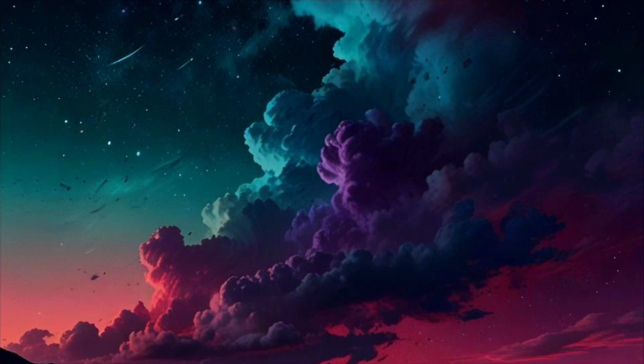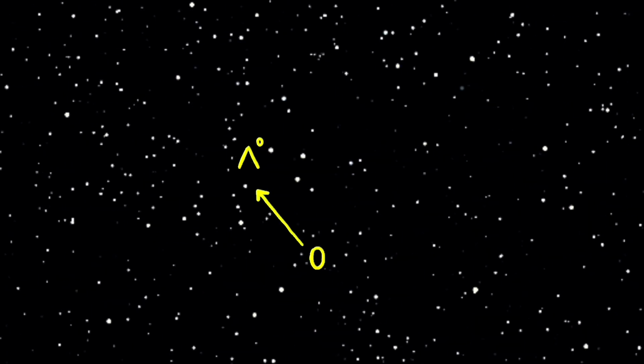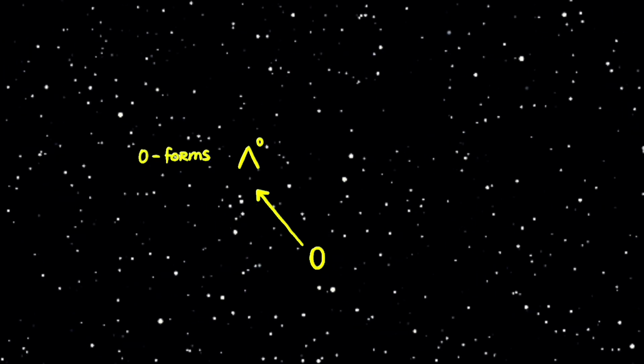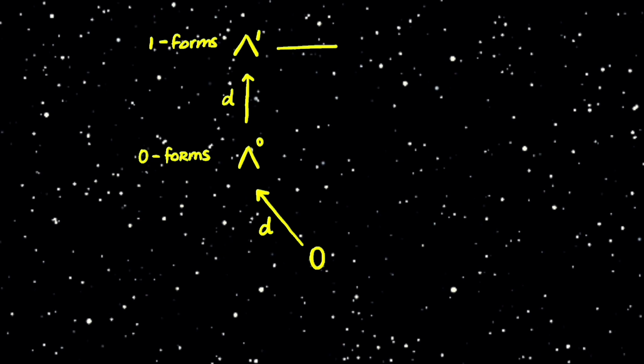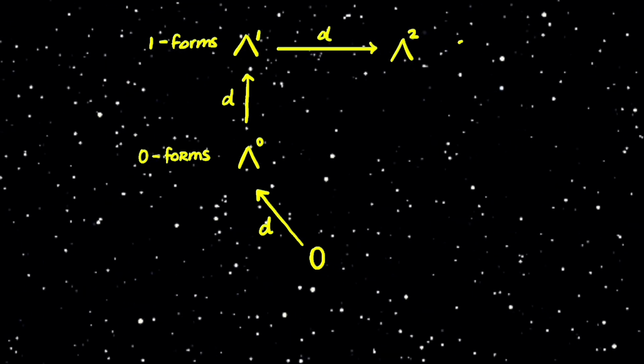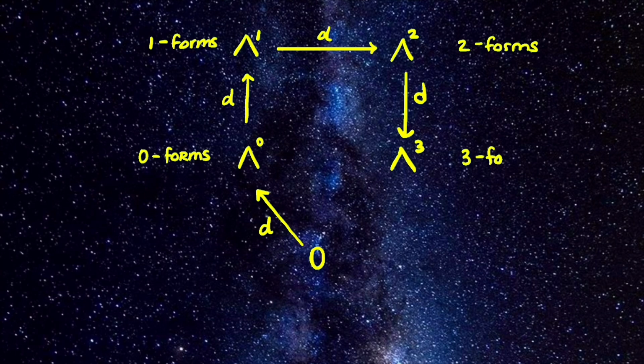So this exterior derivative forms a closed chain, a chain which we can refer to as a complex. Starting with the null space up to the 0 forms, then up to the 1 forms, over to the 2 forms, back to the 3 forms, and back down to the null space.